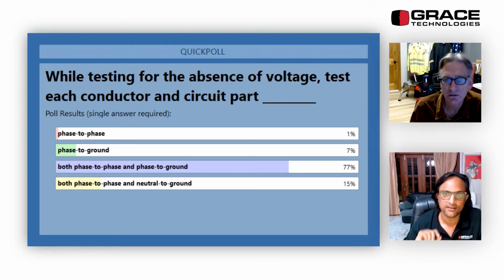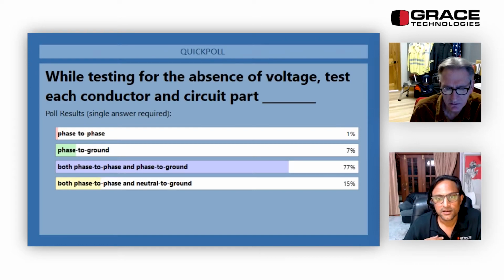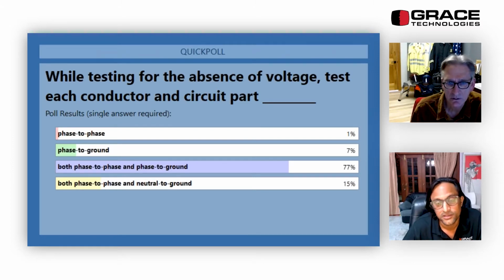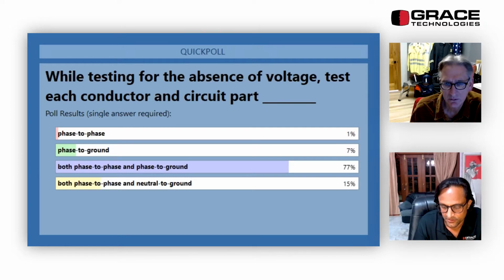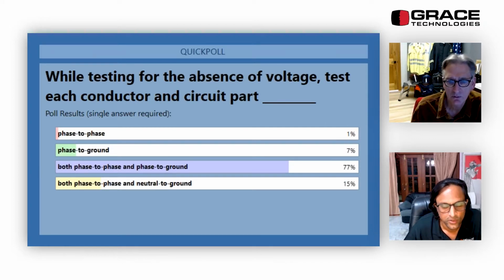If it is a 5-wire system like in some foreign countries, some countries use 5-wire systems, right? So it's L1, L2, L3, neutral and ground. If the neutral and ground are not bonded together, in that scenario, do you recommend as a safety measure to verify for any stray voltage between the neutral and ground as well?